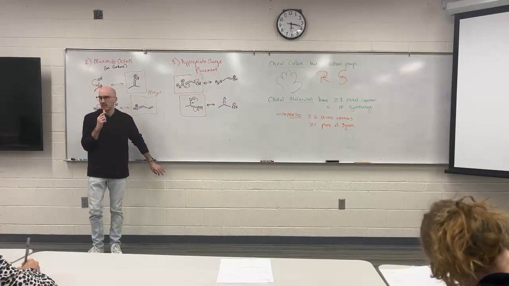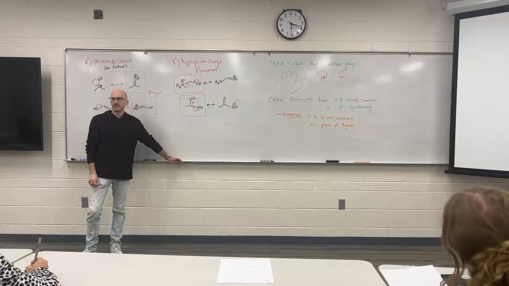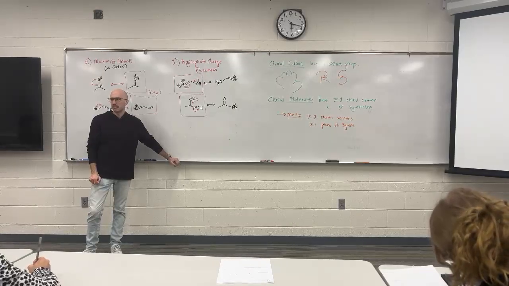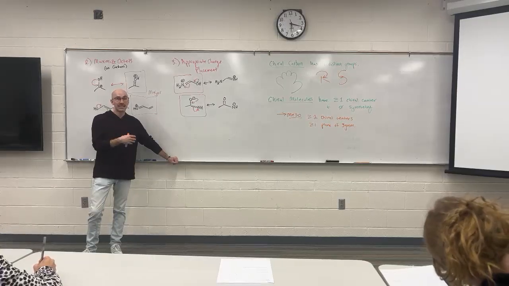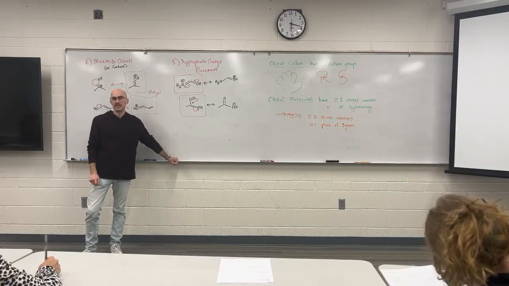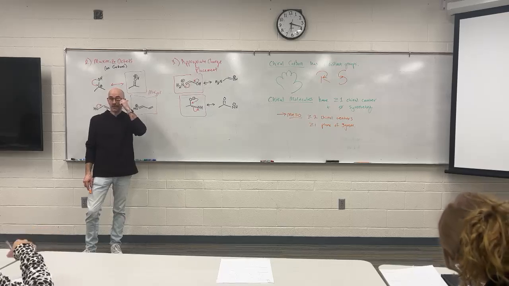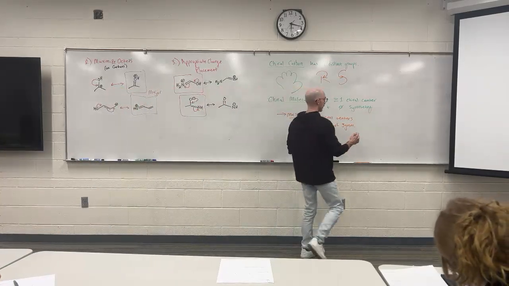Somebody looked up what meso meant, but I already forgot. I think it meant middle. I think it means something about that plane of symmetry reflecting the 2 chiral centers. Yeah, it means middle or intermediate. Okay. So a meso compound has chiral centers but is achiral overall.